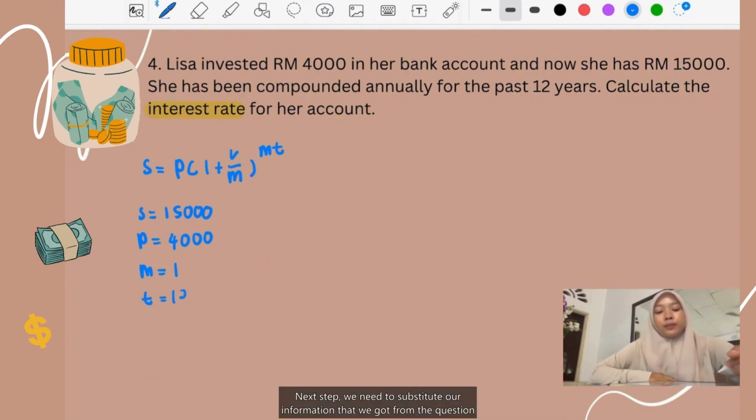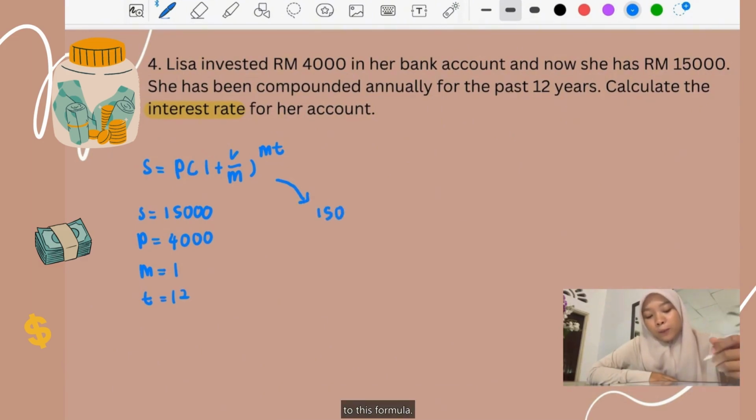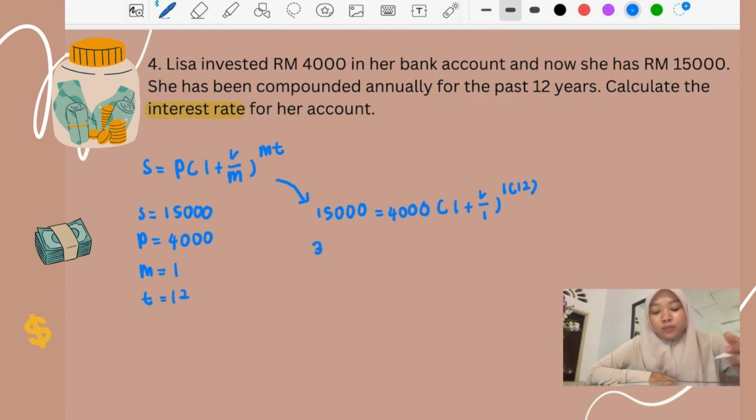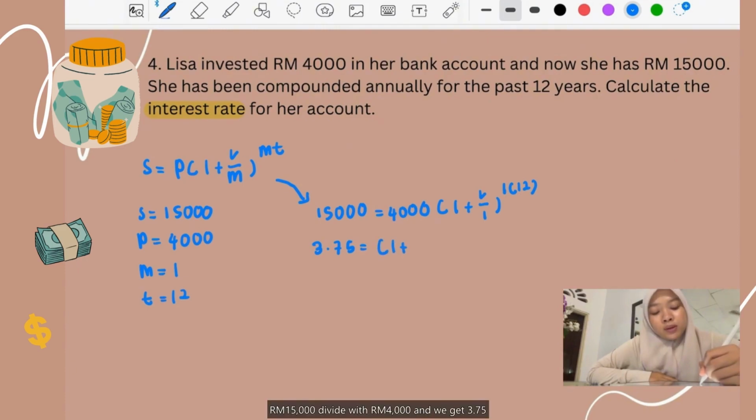Okay, next step, we need to substitute the information that we got from the question into this formula. Now we just need to solve this equation to find R. 15,000 divided by 4,000, and we get 3.75.